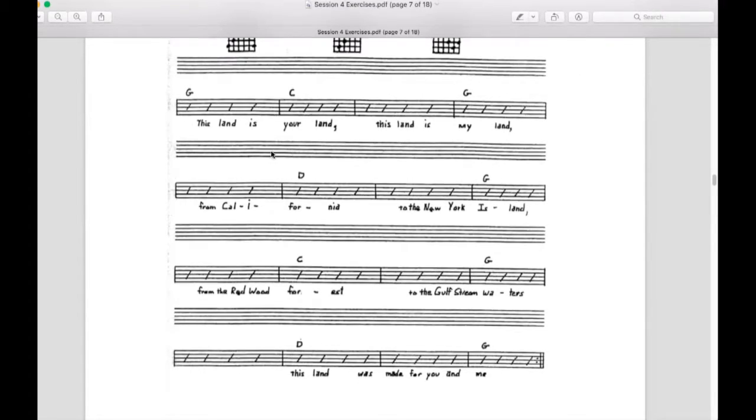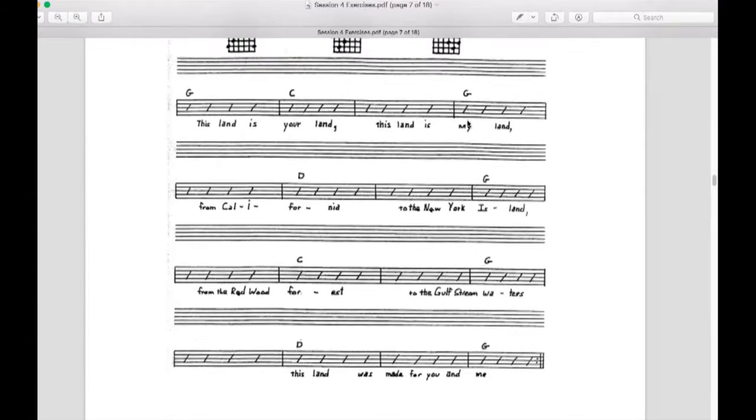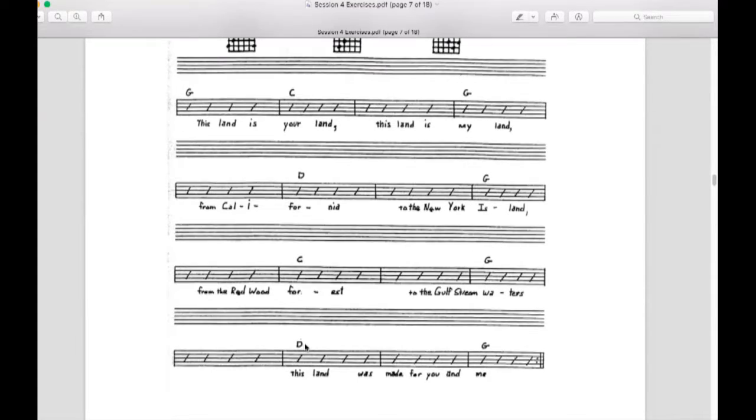Small hump, large hump. This land is your land, this land is my land, from California to the New York Island, place of rest. Small hump, redwood forest to the Gulf Stream waters, and no line here. When you come on this 5 chord, it's an outburst of tension without any buildup in the text. This land was made for you and me.